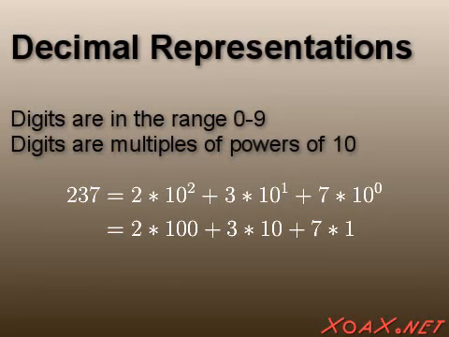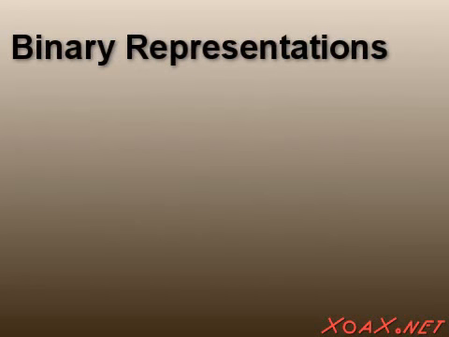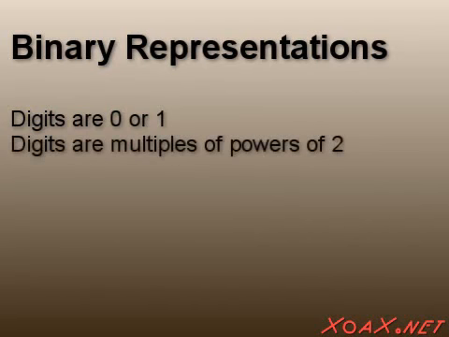This is the representation of a number that we are used to, and it is called decimal because the digits are multiples of powers of 10. In a binary representation, the digits are all either 0 or 1 and are multiples of powers of 2. In binary, the number 237 is represented as 11101101.